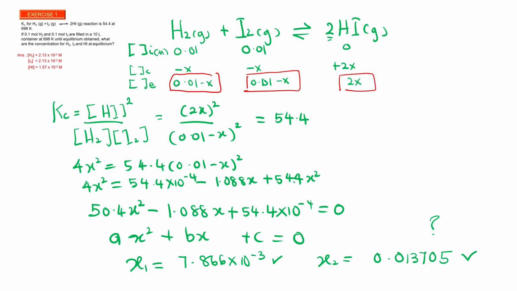Both are positive, so we do not know which one to choose. If we take x1 and substitute it into the concentrations of hydrogen, iodine and hydrogen iodide, all will be positive. But if we choose x2, 0.013705, and substitute it here, 0.01 minus 0.013 will automatically be negative. So we will not choose x2. We choose x1.